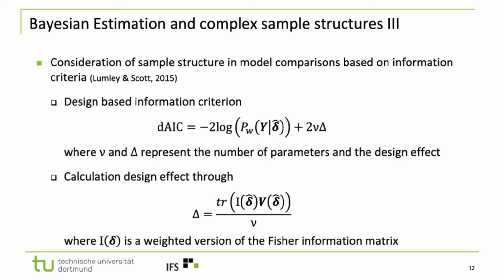To calculate this design effect, we need on the one hand the covariance matrix of the parameter estimators, which we already have, and on the other hand a weighted version of the Fisher information matrix, which can also be calculated numerically or approximated. This gives us all the math we need to estimate our model in the presence of complex sampling structures, to make inferential statistical statements about the parameters, and to perform model comparisons.